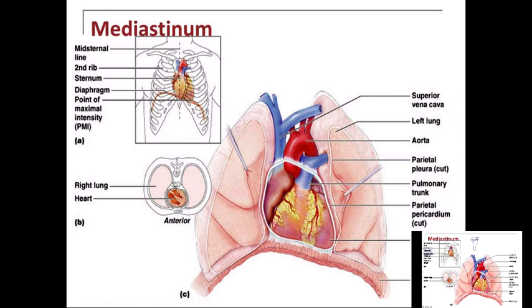But this region right here, let's say this is a little bit bigger. Let's make it like that, okay? So this region here between the manubrium and then the body of the sternum, right there, I'll make an arrow. This section here is the sternal angle.